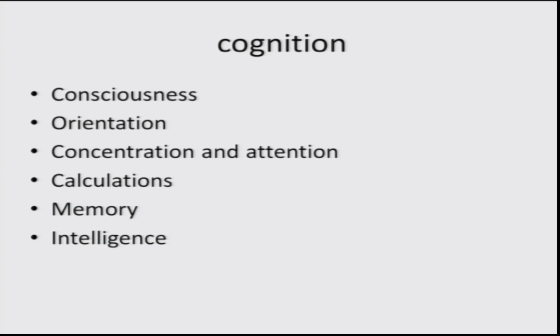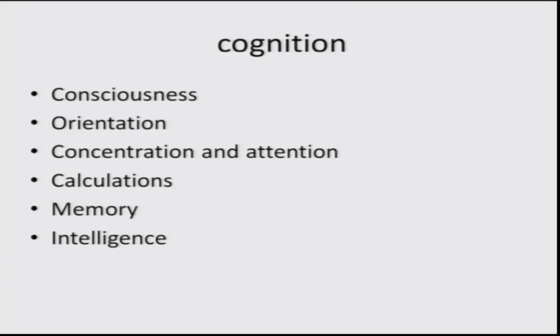Also whether the person is able to concentrate and attend to what you are saying, because in organic illnesses like dementia and, say, in withdrawal, a lot of these things which are baseline for living, being oriented to time, place, person, being conscious, not consciousness in the sense of philosophical debate, but being conscious of where you are, and orientation and concentration and attention.